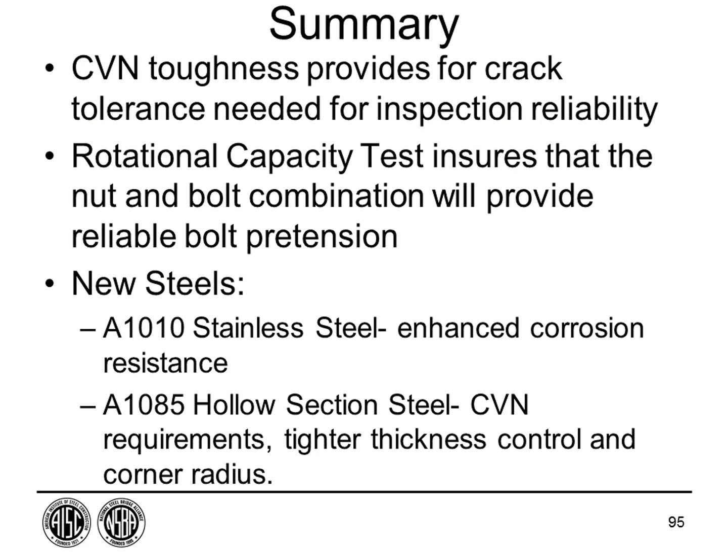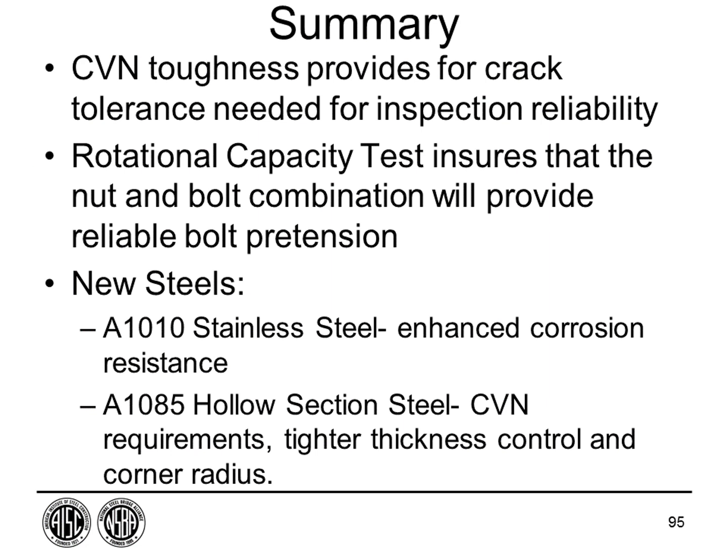And we have these special rotational capacity tests that are required for both black and galvanized bolts in bridges. By this rotational capacity test, we guarantee the bolts can be installed correctly.